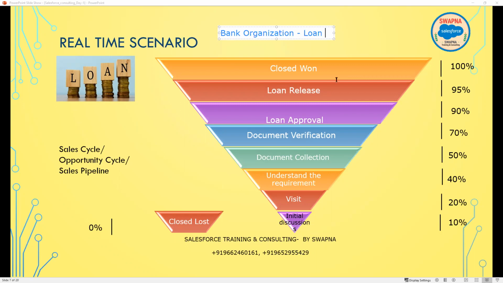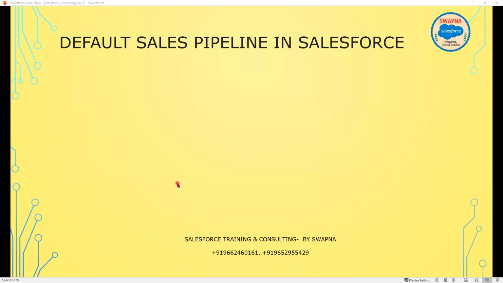The example I have given is a generic example of the sales cycle for the bank. Now, let's see what the sales cycle is as per Salesforce, the default sales pipeline in Salesforce.